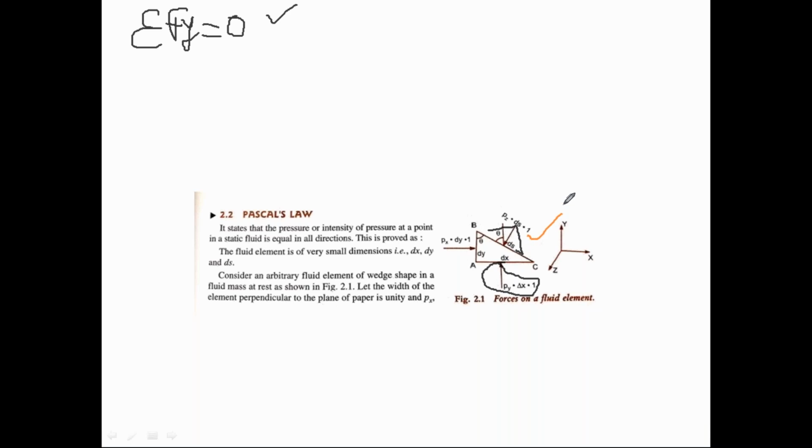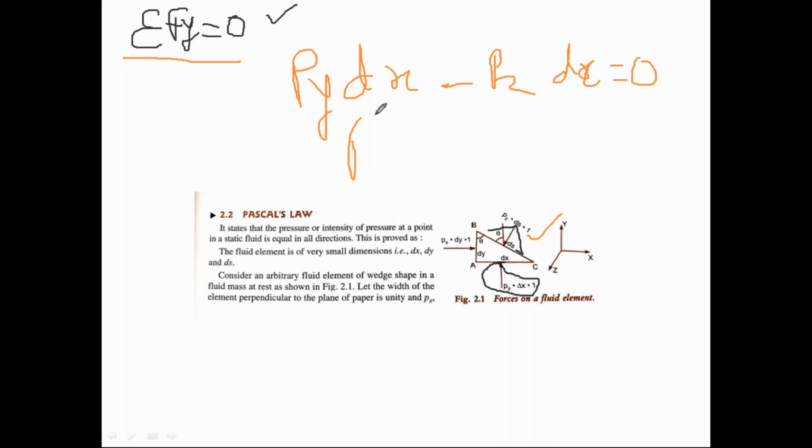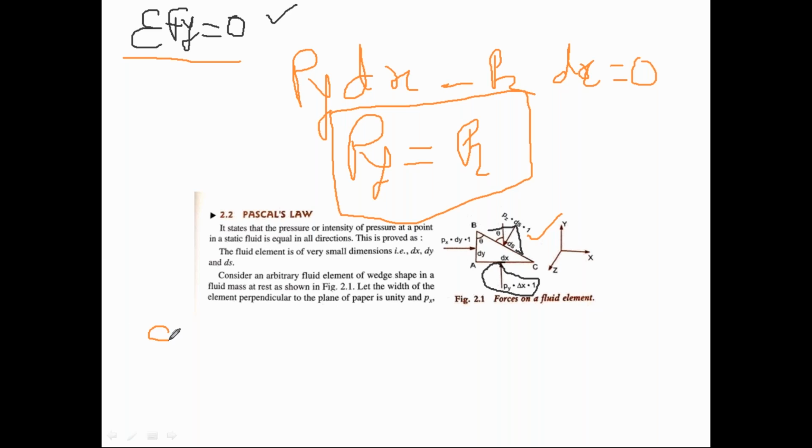By the summation Fy, I get Py dx minus Pz dx is equal to 0, so Py is equal to Pz. So summation Fy gives Py equal to Pz, and summation Fx gives Px is equal to Pz.